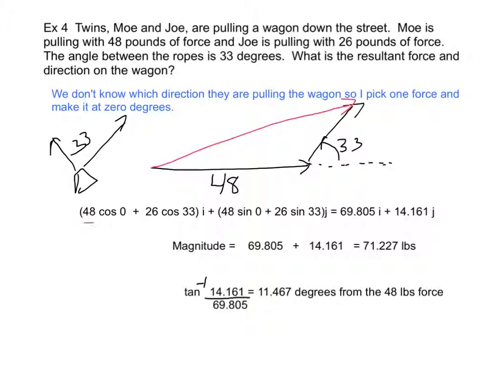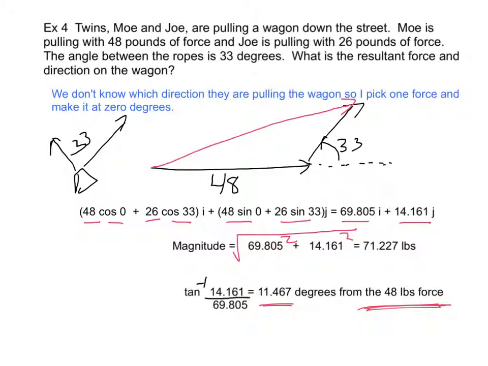And now I set it up, 48 times the cosine of 0, 26 times the cosine of 33, gives me 69.8. 48 sine of 0, 26 sine of 33 gives me 14. To find the magnitude, remember you're going to take the square root of x squared plus y squared, and you get 71.227 pounds. When I do the inverse tan, y over x, I get 11 degrees, but I have to qualify it. You have to say it's away from the 48-pound force.